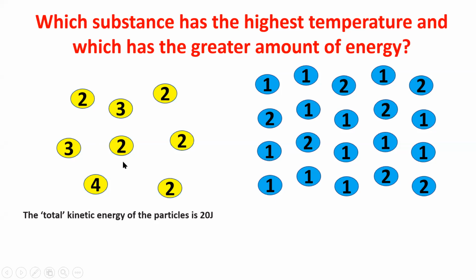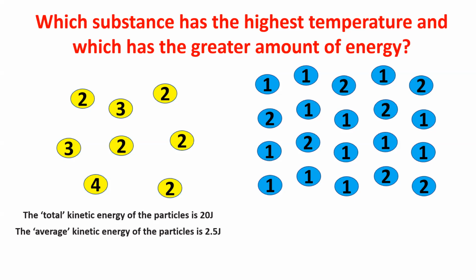Now to work out the average kinetic energy of that substance, we divide 20 by 8 because we've got 8 particles in total. That gives us an average kinetic energy of 2.5 joules.